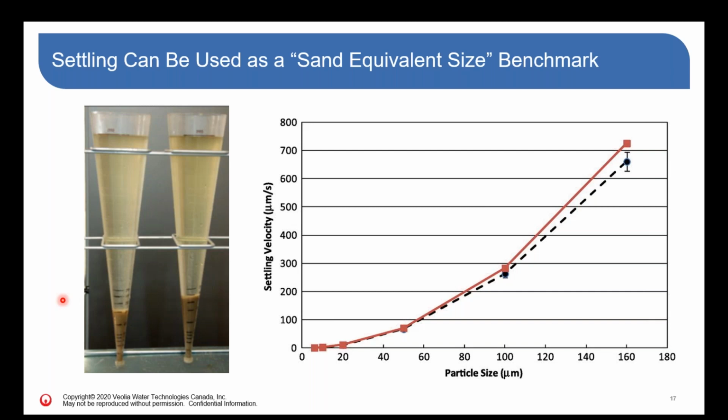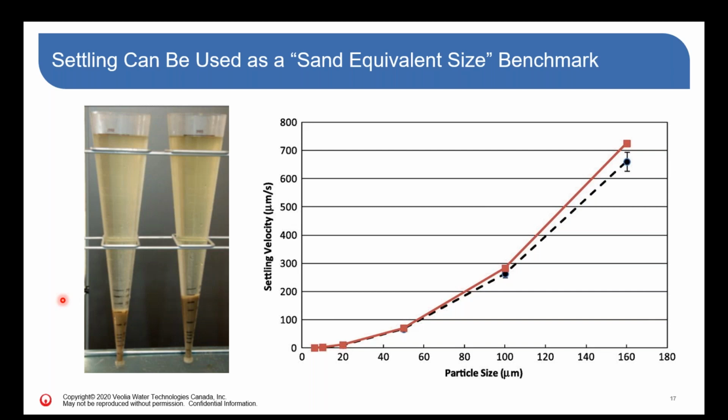The point of this test is that you're trying to equate your sample back to sand, so a sand equivalent size. How long would the same grain of sand take to settle if it was that clean silica sand that we were talking about earlier? So it's about trying to relate your raw grit sample back to a standard reference point, clean silica sand.